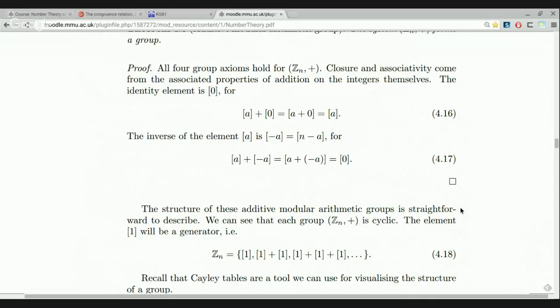Is there an integer B such that when you multiply it by 3, you get 1 modulo 10? 3 times 7 is 21, which is congruent to 1 modulo 10. So what that means is the inverse of 3, understood modulo 10, is 7.